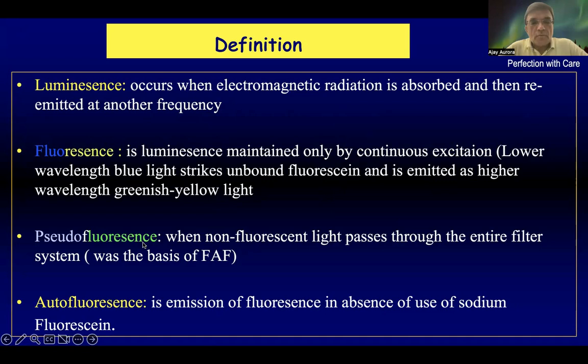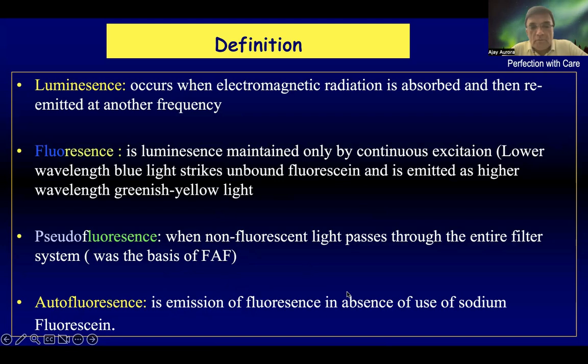Pseudofluorescence is when a non-fluorescent light passes through the entire filter system, that means it doesn't get blocked by the barrier filter. Then it is called pseudofluorescence, and this has been the basis of fundus autofluorescence.